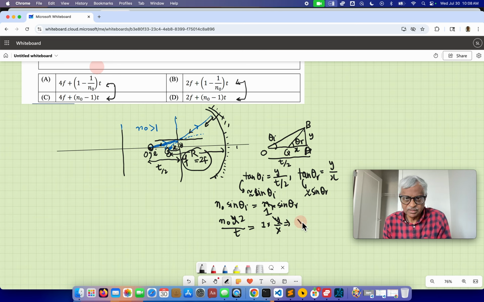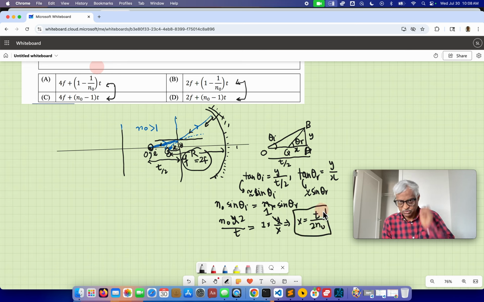That gives x equals t over 2 n0. This is good, we'll be able to use this again. Okay, so we really don't need to do this kind of calculation.